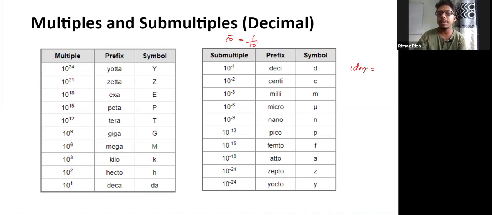So 1 meter, you have to divide by 10, so 1 over 10 meters. And centi, we know is a meter divided by 100. Milli is 1 meter divided by 1000. Micro is divided by 10 to the power 6. That means 1 meter you divide by a million, you get micro.